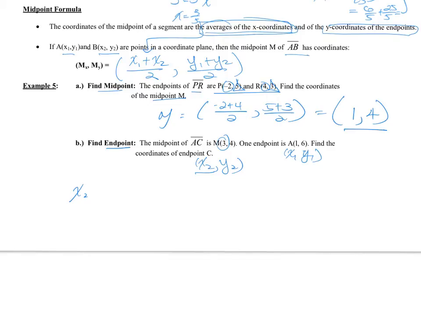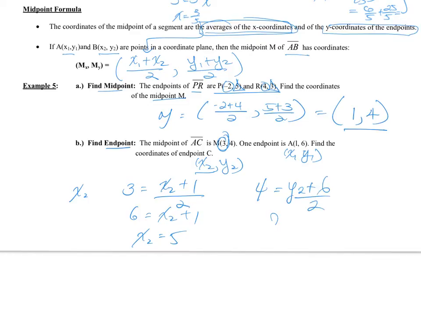Since the midpoint for the x coordinate is 3, we're going to set it equal to x2 plus 1 divided by 2, and this would be 6. And then the other one, and your other endpoint C will be 5, 2.